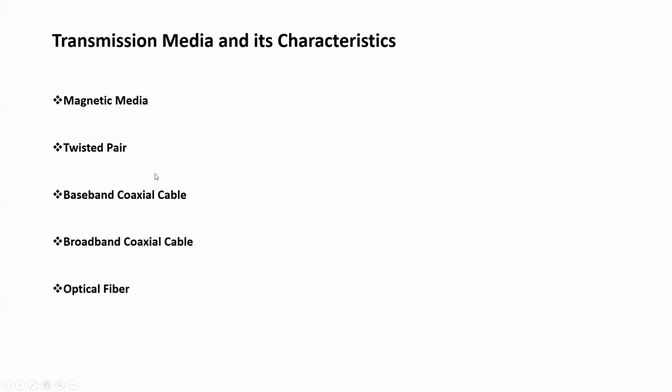Twisted pair cable is there; you can refer to your books for the diagram. This is the oldest and the most common transmission medium. An example is our telephone system, not mobile, the telephone system.